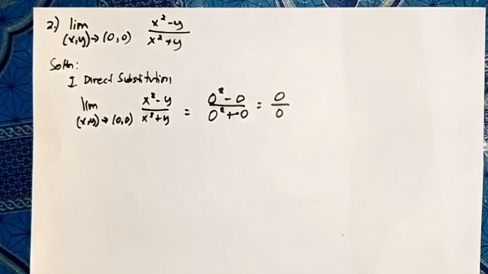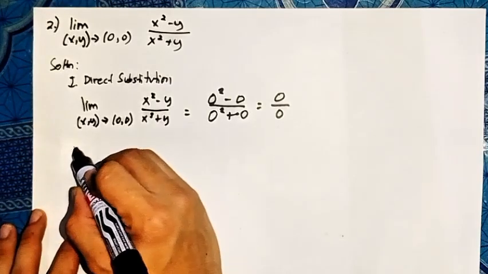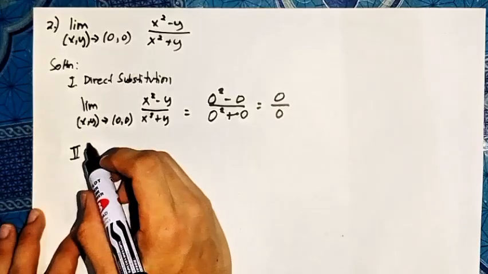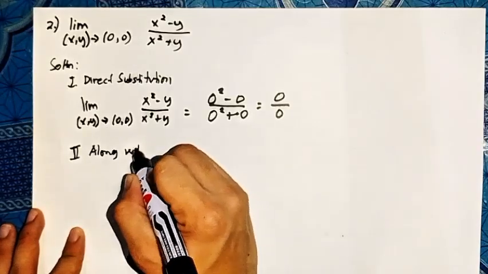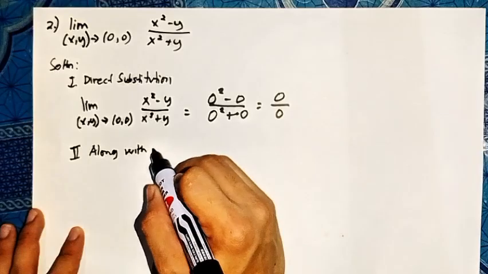To show that the limit as (x, y) approaches (0, 0) does not exist, let's consider approaching (0, 0) along two different paths. First is along the x-axis.